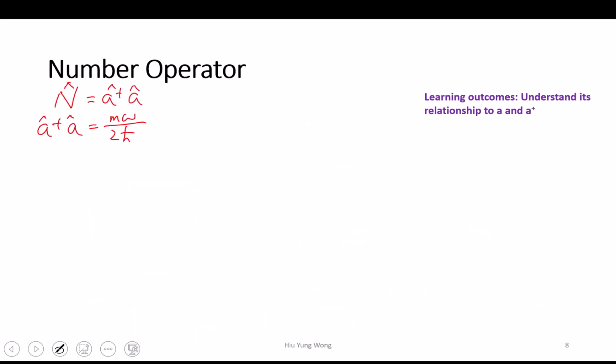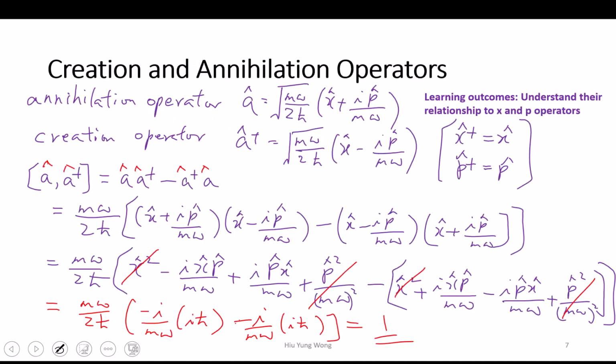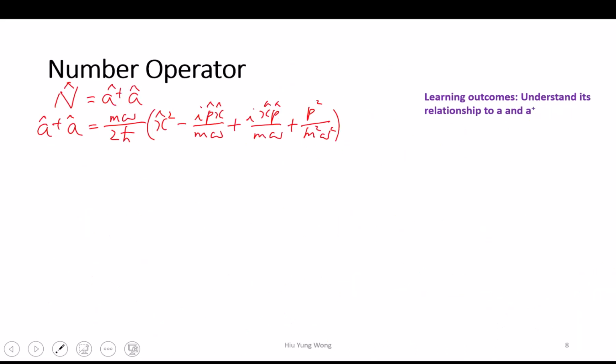So I will copy it, but if you had the last page, you would be able to see this already. So this equals m omega plus i xp, m omega plus p squared divided by m squared omega squared. I just copy this again. If you cannot copy, that's fine because you already have this; just refer to the last page.